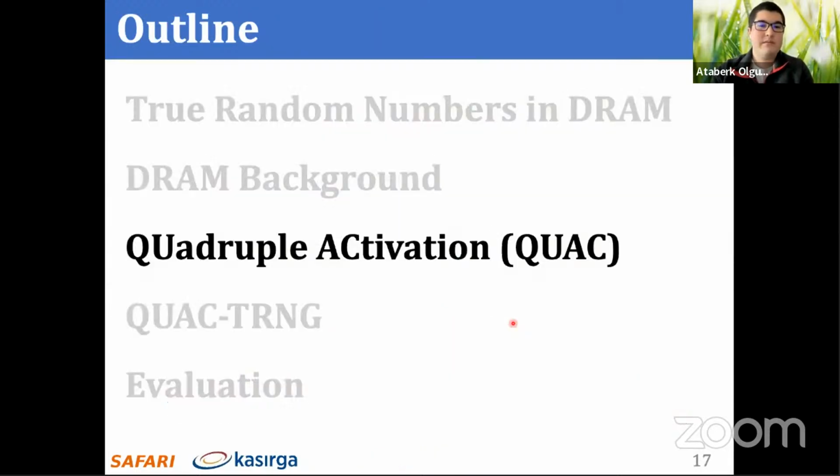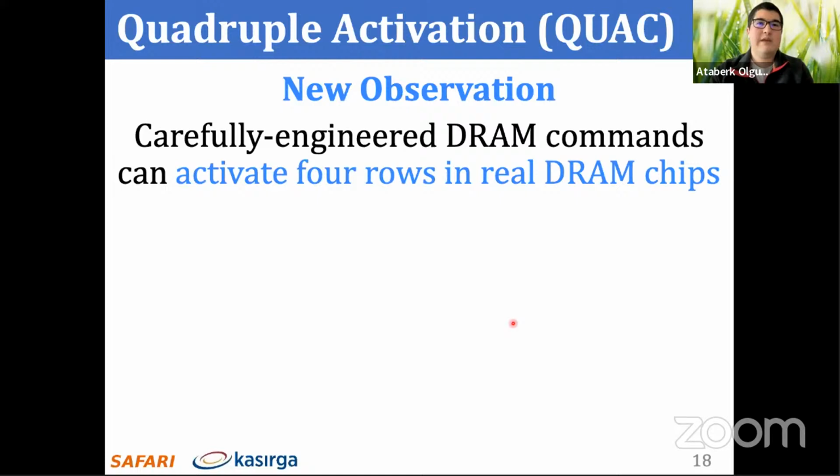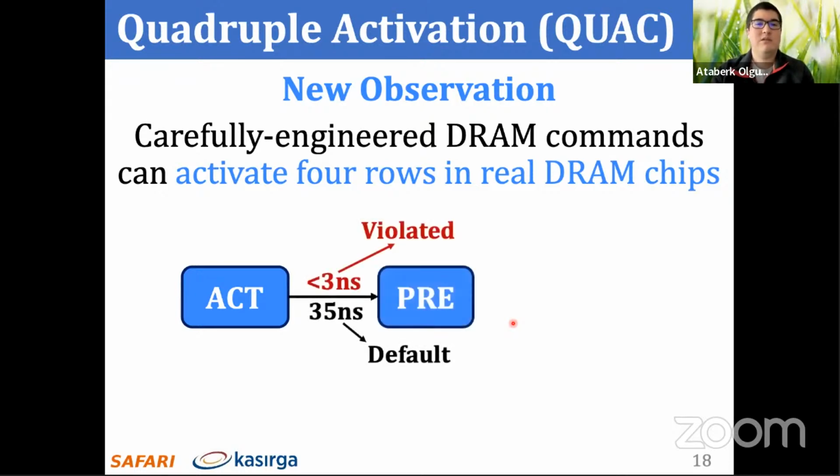Now I'll describe the key mechanism of our high-throughput TRNG. We observe that a valid sequence of DRAM commands can activate 4 consecutive rows in quick succession in real DRAM chips. We call this phenomenon quadruple activation. To perform a quadruple activation operation, or a QUAC operation, we first send an activate command, then we send a pre-charge command that violates the TRAS timing parameter.